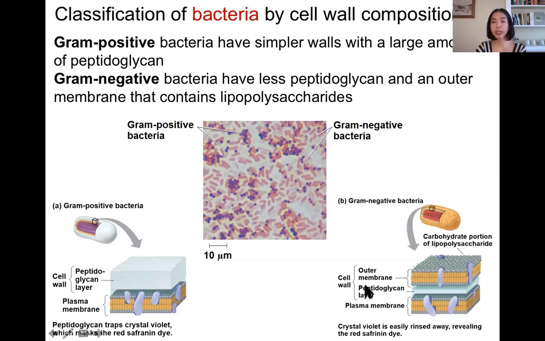So gram-negative bacteria have peptidoglycans, but they are not in the outer layer. When we use some chemicals to stain these peptidoglycans, the gram-positive bacteria are going to turn purple right here, whereas the gram-negative, the sandwich ones, are going to turn pink.